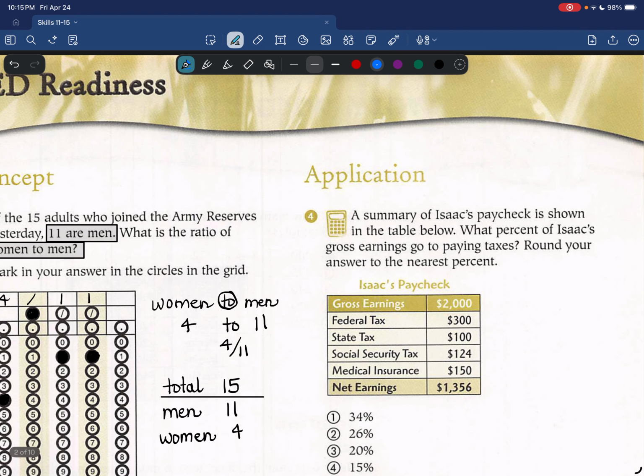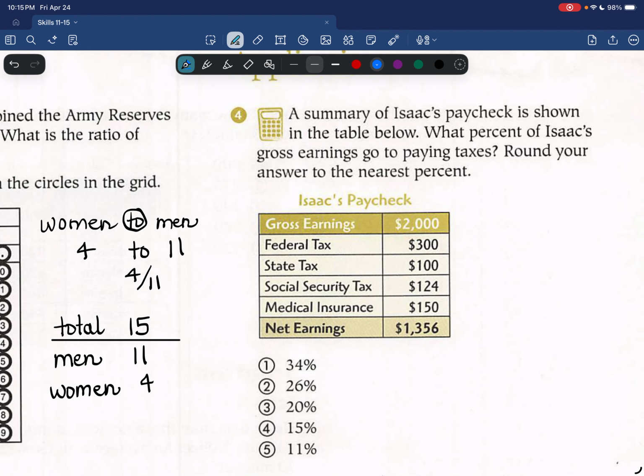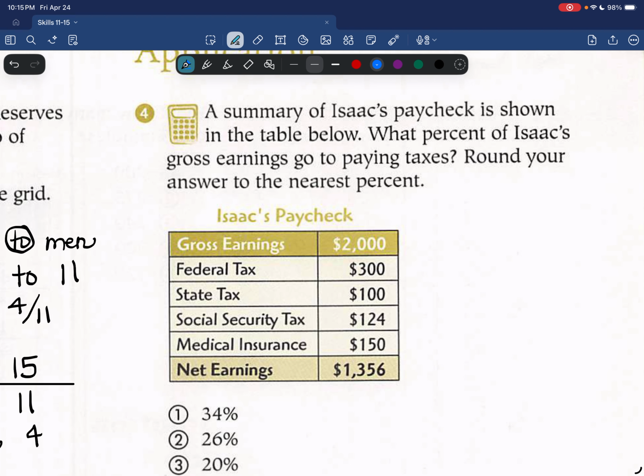All right, the application questions, number 4. And we are allowed to use a calculator on this one. And this time I remembered to get my Casio out, so hopefully if I need it, I can make that work. A summary of Isaac's paycheck is shown in the table below.